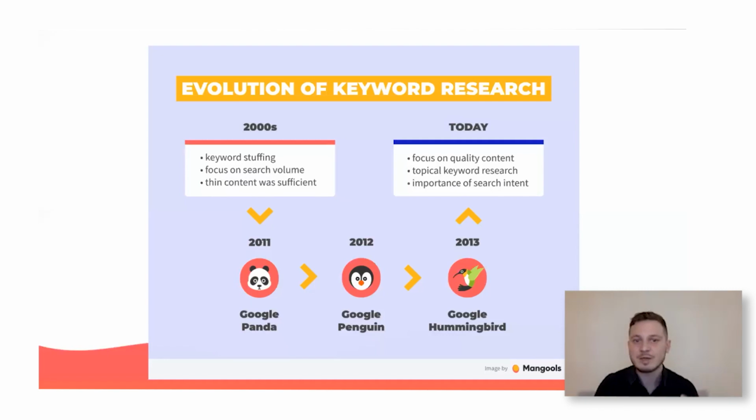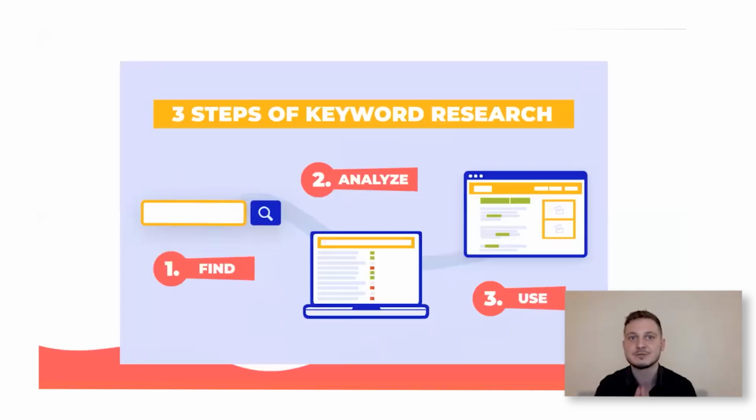While, let's say 20 years ago, it was mostly about putting the keywords everywhere and as many times as possible. Nowadays, it doesn't work just like that. Now you have to focus on quality content, cover the search intent, and that exactly means doing these three steps. Finding keywords, analyzing them, and using them on your website. And today, we are going to cover all the three.